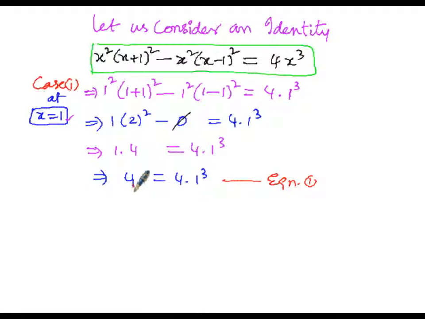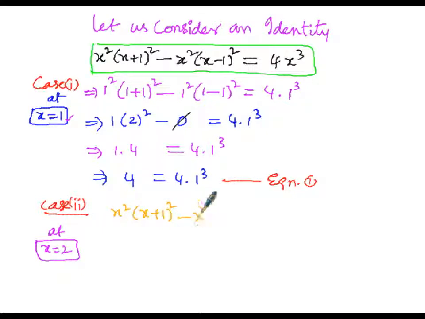Then now in case number 2, let us suppose x is equal to 2. At x equal to 2, the identity is x square into x plus 1 whole square minus x square into x minus 1 whole square is equal to 4x cube.